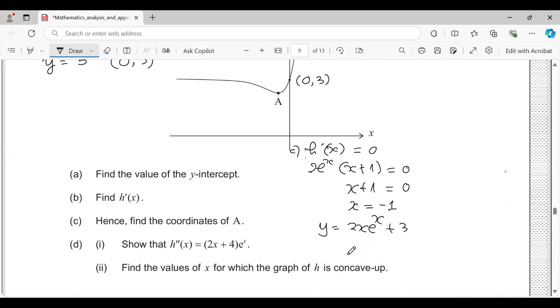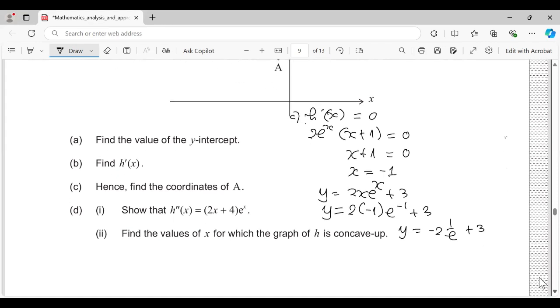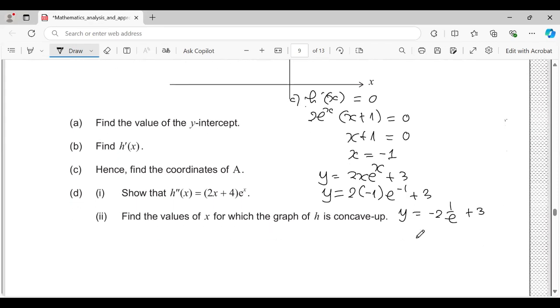Substitute minus 1. y equals 2 multiplied by minus 1, e power minus 1 plus 3. y equals minus 2 multiplied by 1 over e plus 3, or y equals minus 2 over e plus 3.